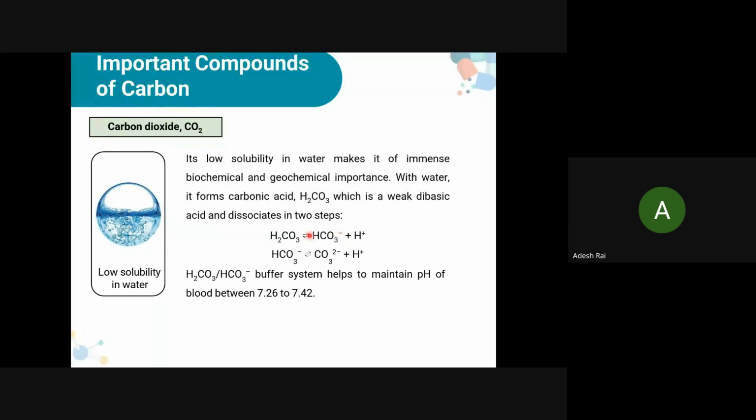In the first step it will dissociate one H plus and in the second step also it will dissociate one H plus. And this H2CO3 and bicarbonate buffer maintains the pH of blood. So this is also one of the properties: the carbonic acid and bicarbonate buffer regulates the pH of blood.